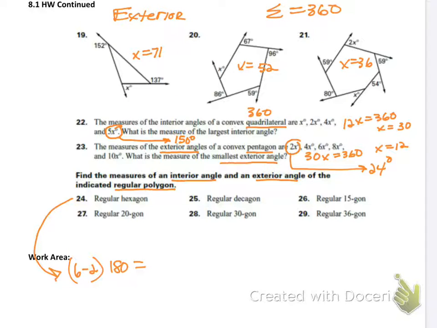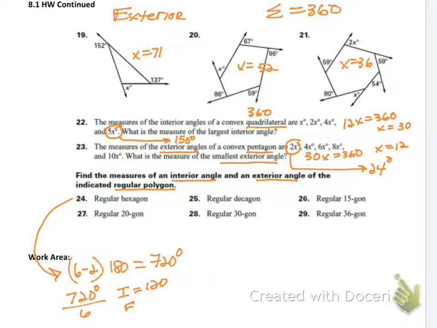So that's going to be 4 times 180, and that gives me 720 degrees. So that means that each interior angle is going to be 720 divided by 6, because it's a hexagon. So each interior equals 120.